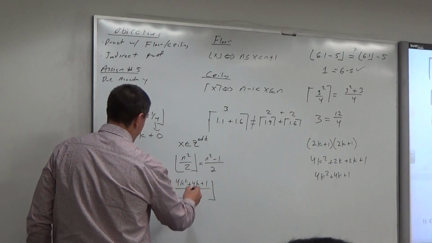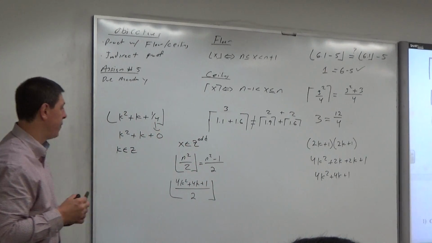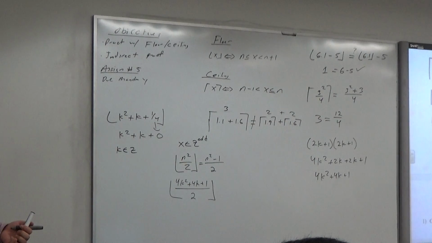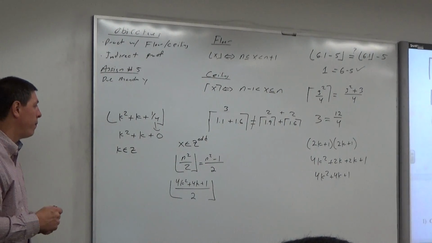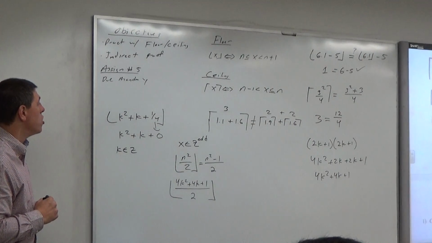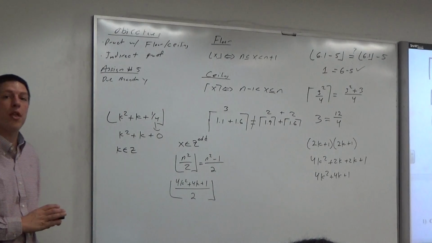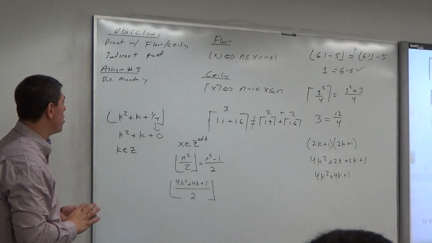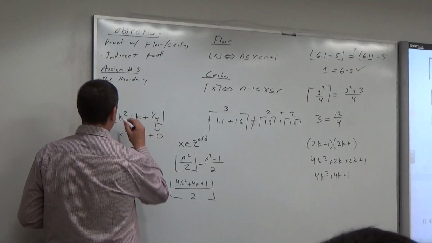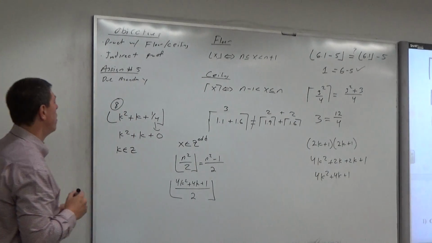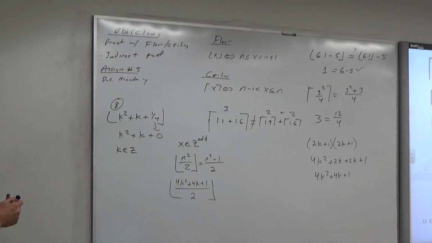And then when you break it up, you get the floor of a half. Of course, if you need help, you just come to my office. I'll be happy to help out. By the way, that was really important. Did you say that on purpose because you started working on it? No, I was thinking about it. Okay, that's a good thing to think about. So make sure you use this for number 8. It'll be a lot more helpful than just trying to bully it and do something that you're not supposed to.